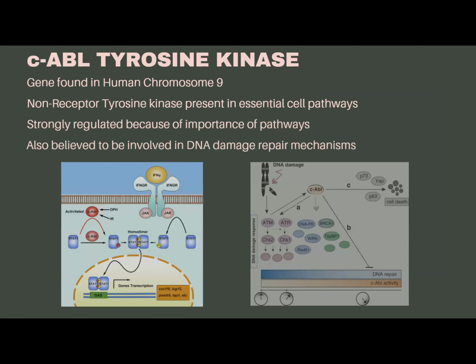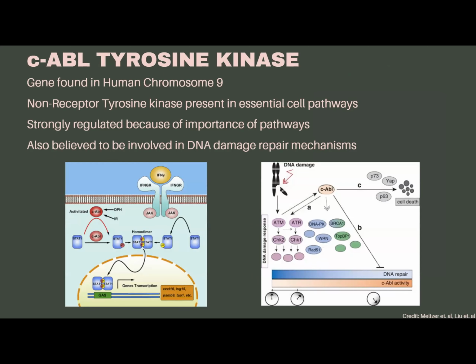And here we are going to talk about ABL tyrosine kinase. So this is a non-receptor tyrosine kinase, and is a gene found in human chromosome 9. And it is essential in some very, very important pathways that are present in our cells. These can be, as the image shows, a JAK-STAT pathway.